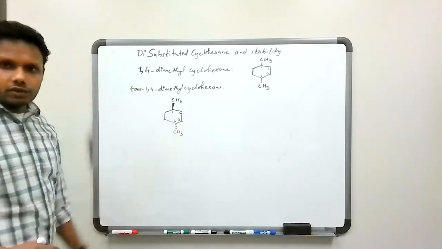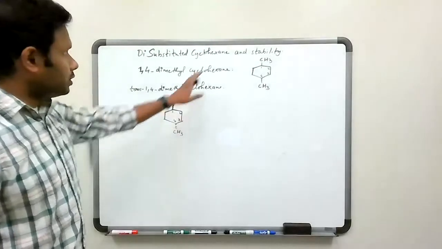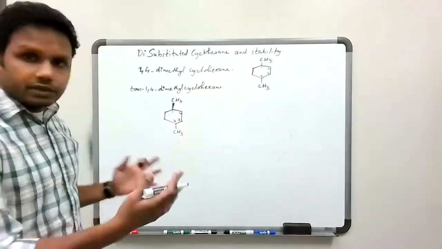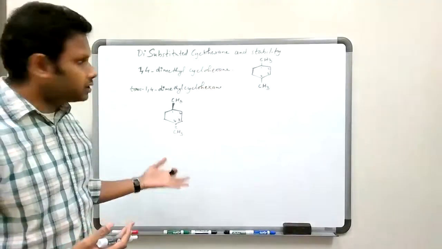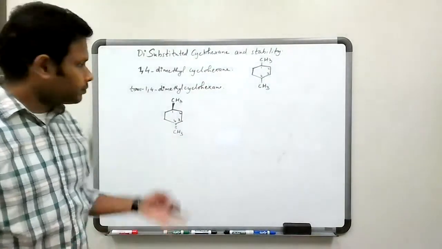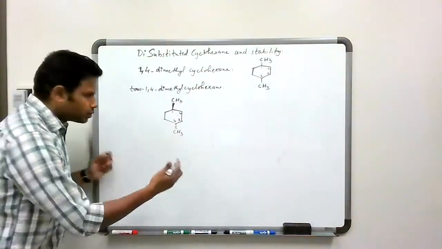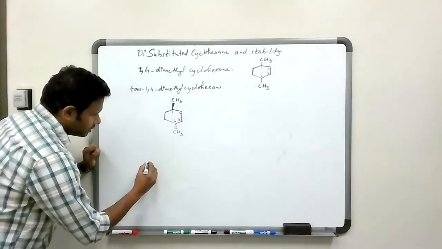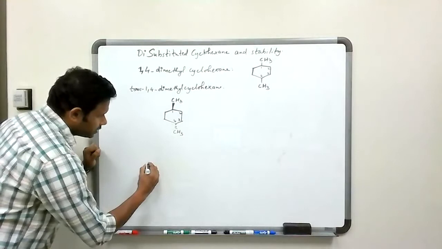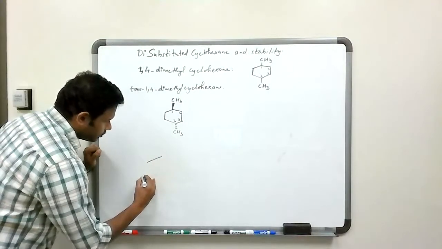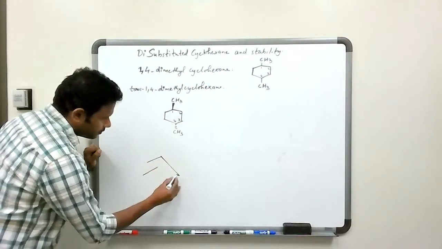That's this molecule here. Again, we want to evaluate the stability of the two chair conformations. We're going to draw the chair conformations, so let's draw the chair conformations for this molecule here.